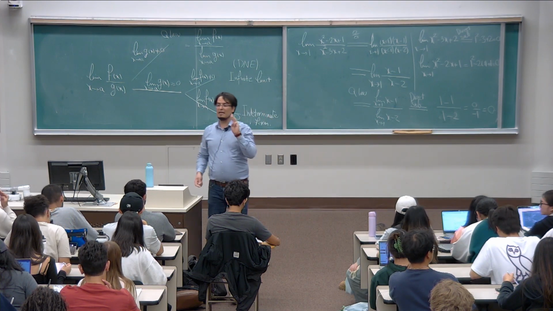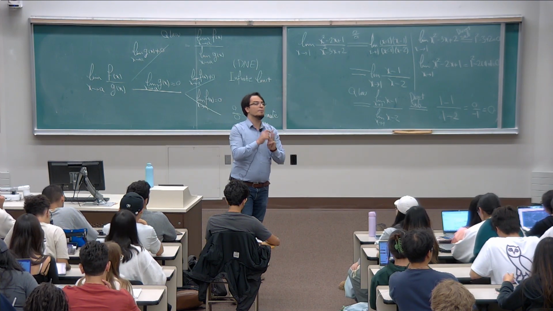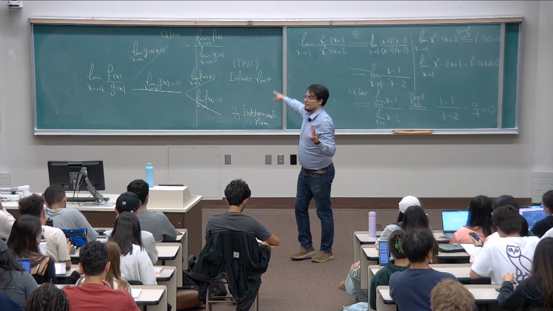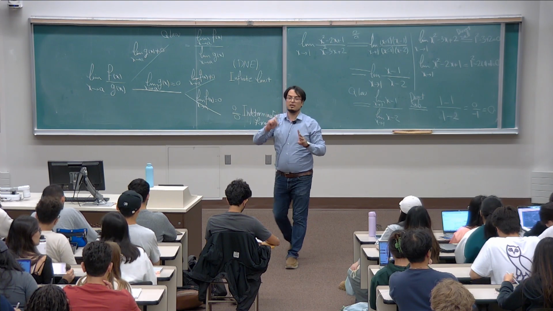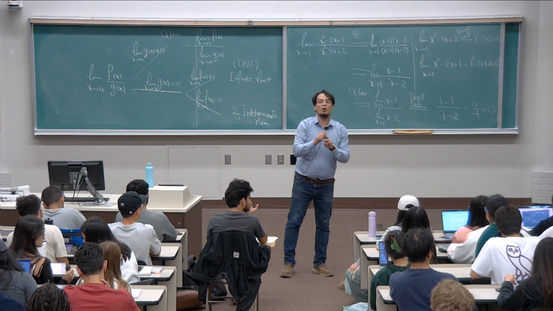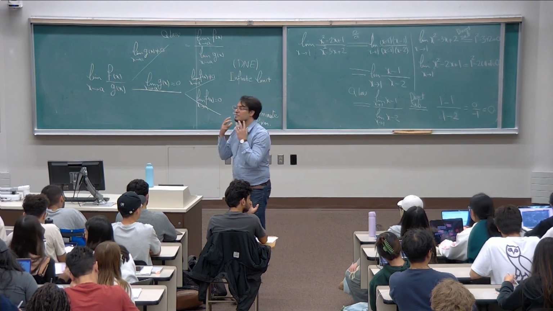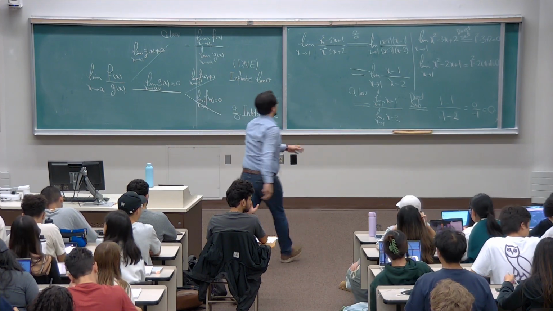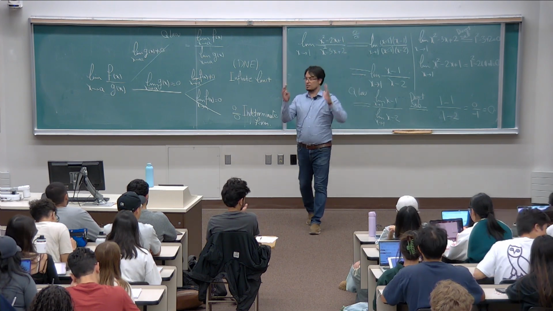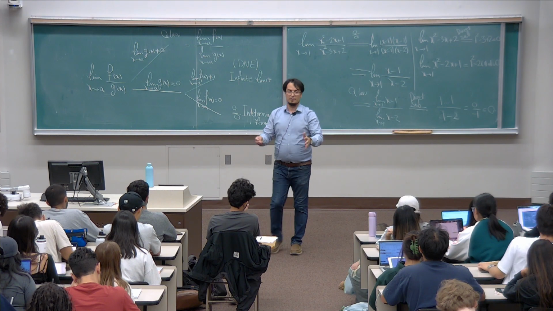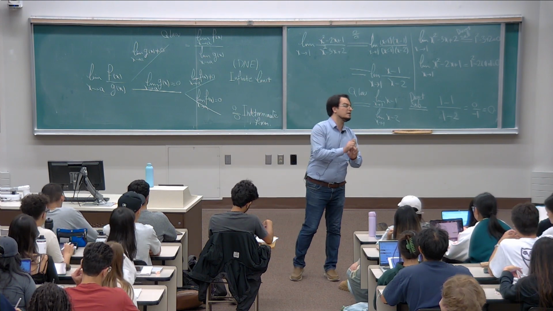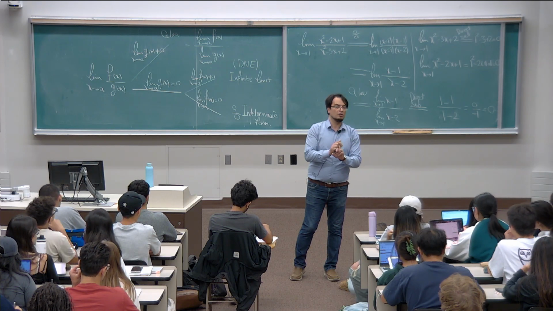First thing is you should be able to identify which case happens here. In particular, if it is 0 over 0 indeterminate form, you have to announce it. You have to say, oh, look, this limit is 0 over 0. That's the starting step. Then you factor the vanishing factor.